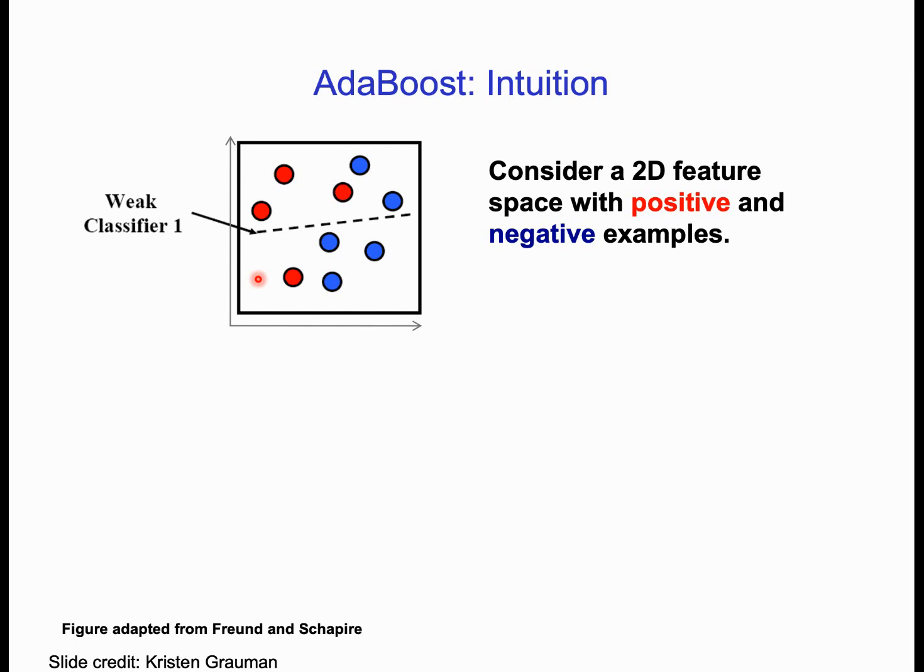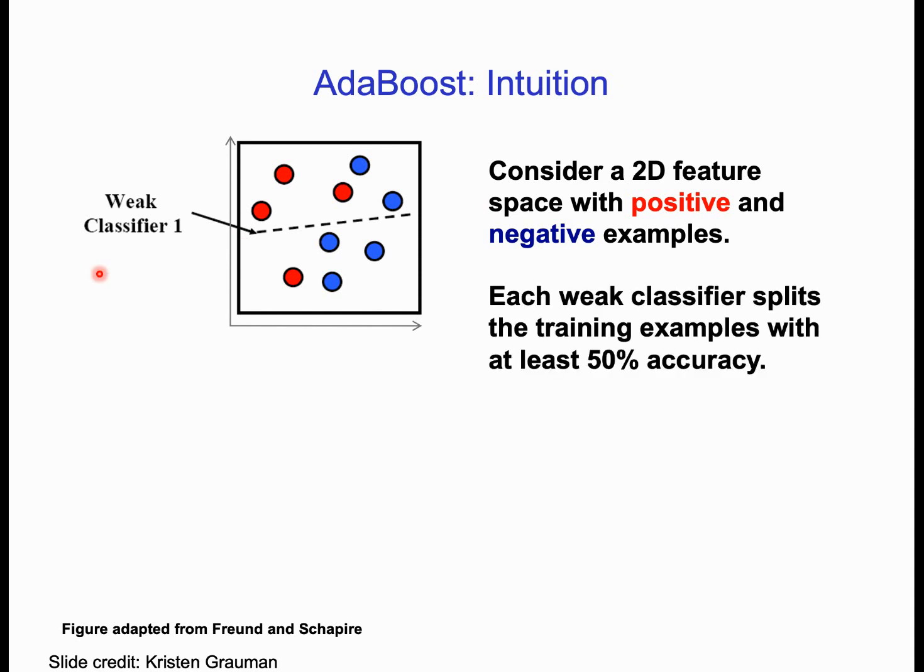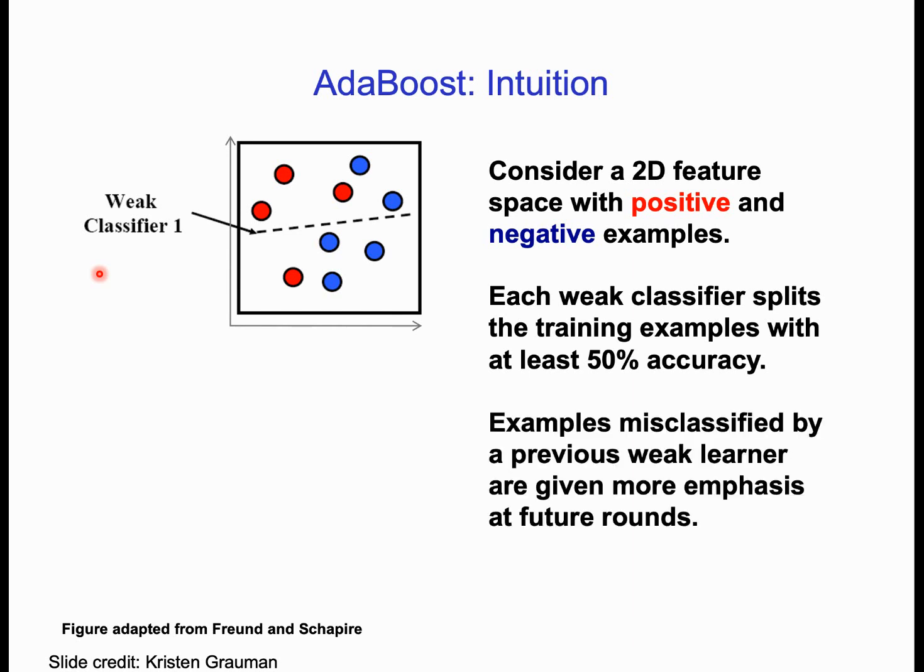A weak classifier can be described as simply dividing this entire feature space into two, basically getting a classification accuracy of at least 50%. So I will have misclassified samples in this case. For example, my first weak classifier is this one, and I notice that it divides the red from the blue samples somewhat okay, but it has some errors.